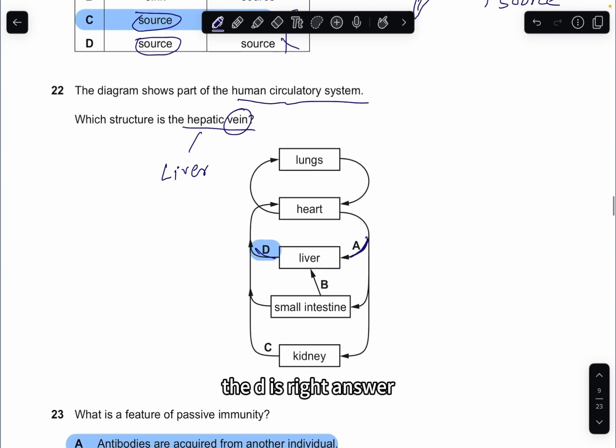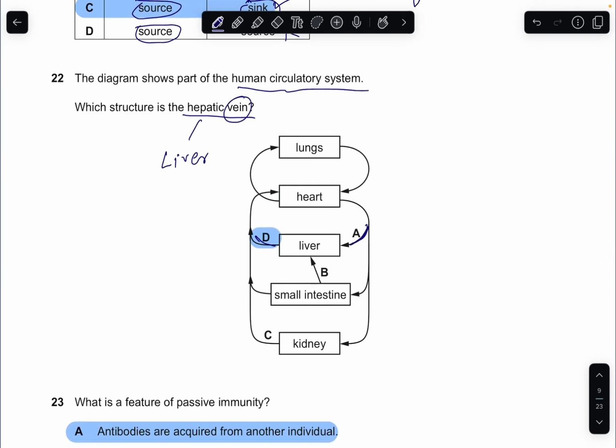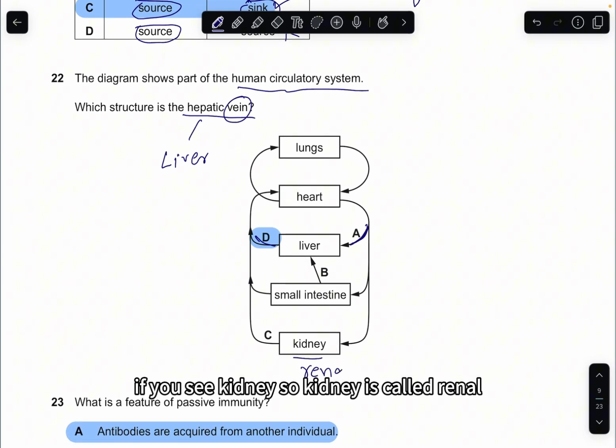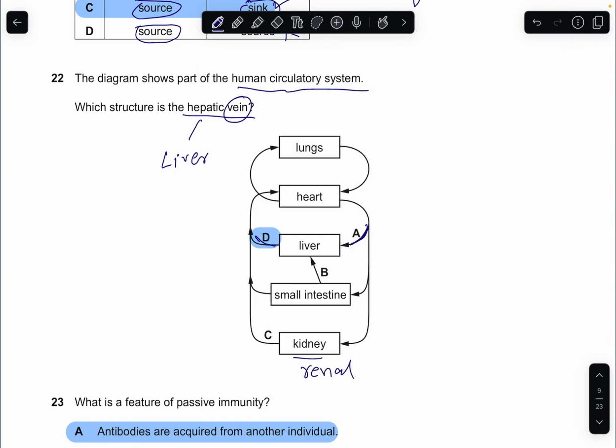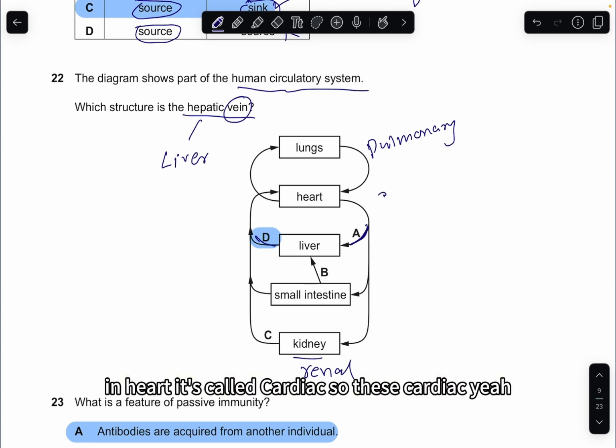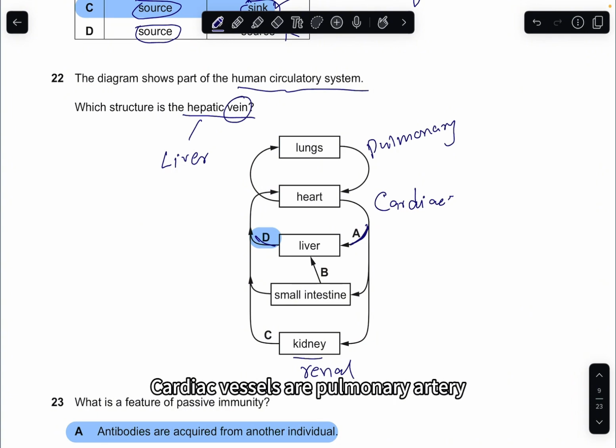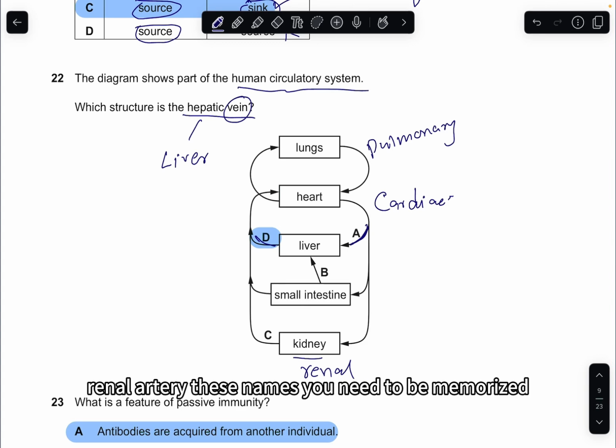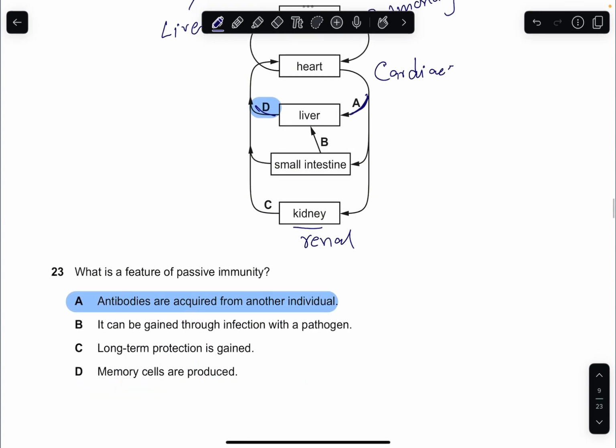For the kidney, the term is renal. In the lungs it's pulmonary. In the heart it's cardiac. So these vessels, like pulmonary artery and renal artery, have names you need to memorize.